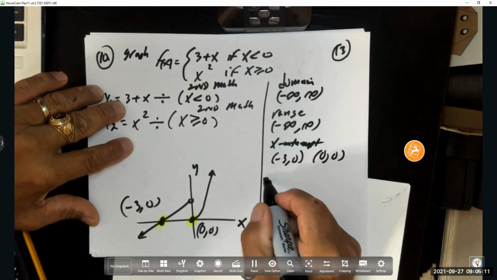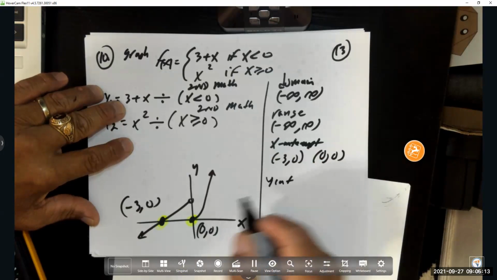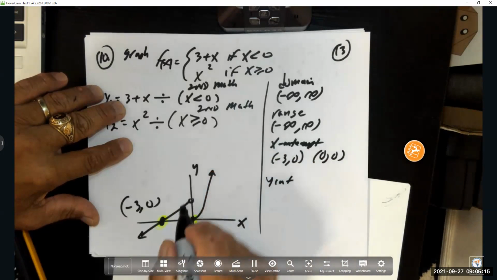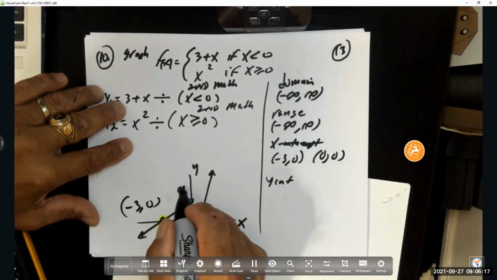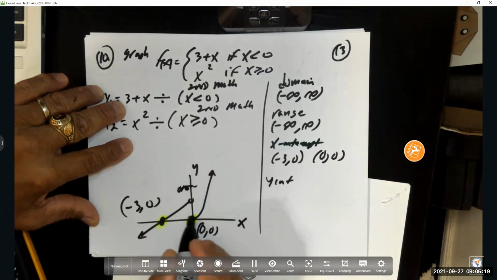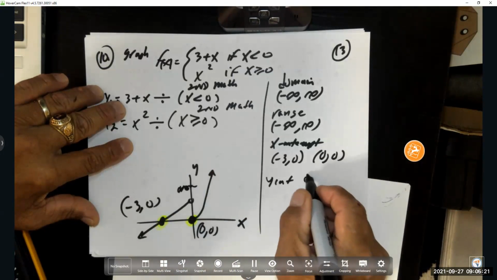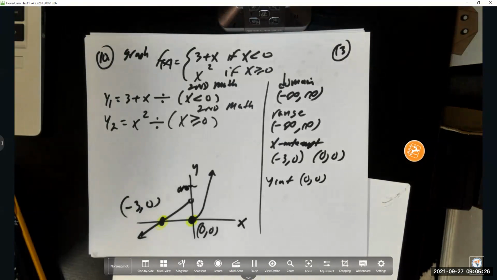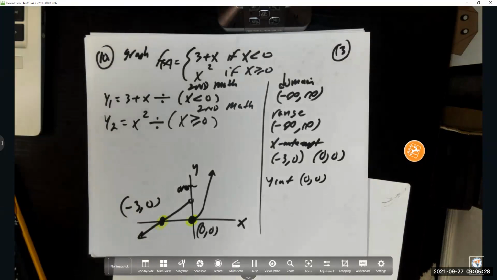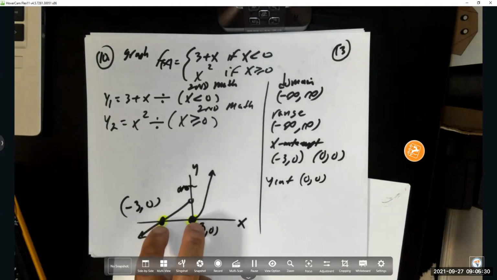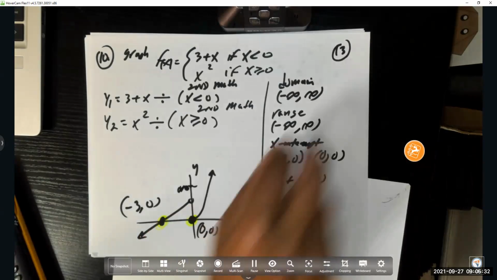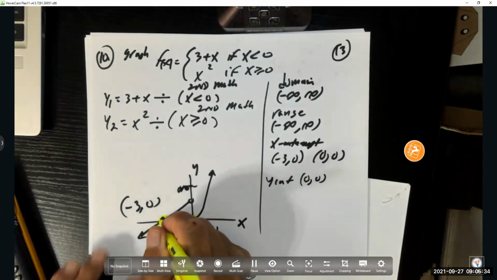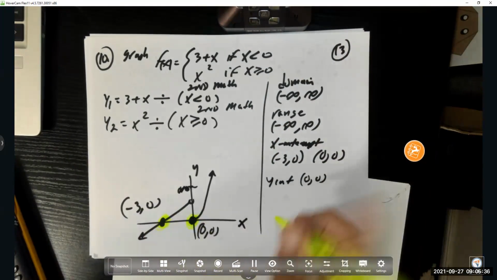The y-intercept, what is across the y line? Well, when they cross the y, not this one. This is open, so don't put that one in there. This is this one right here, 0, 0. So it's going to ask you x-intercepts, domain and range. That's it. The only ones you need to look at are these two yellow dots right here. That's kind of what it looks like. Okay.